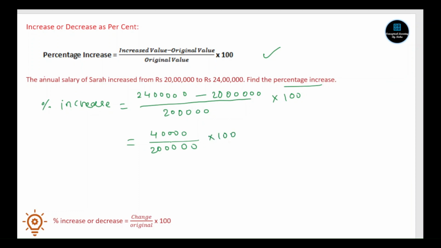Now cancel the zeros. And what do we get? 40 upon 2, which is 20%. Okay, so her salary increased by 20%.